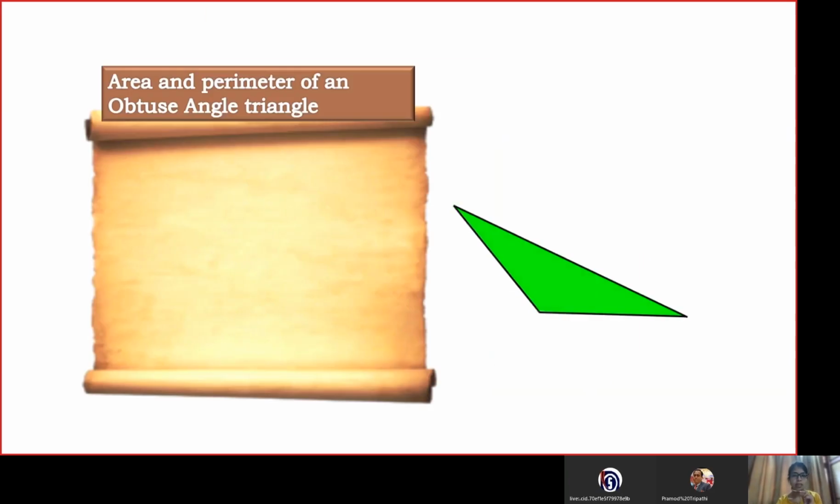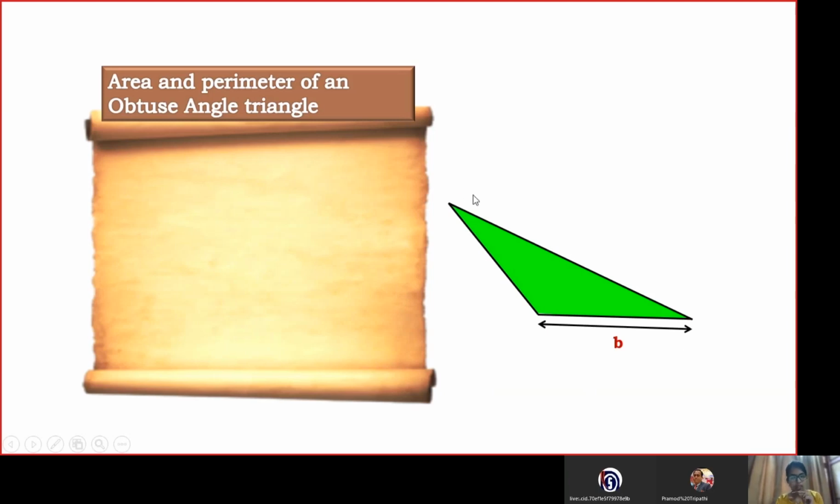Moving on. Area and perimeter of an obtuse triangle. Now, what is the difference between a normal triangle and an obtuse angled triangle? We have all studied that an obtuse angled triangle has one angle which is greater than 90 degrees, right? So if you consider the base as B, then we always draw the height from the opposite vertex.